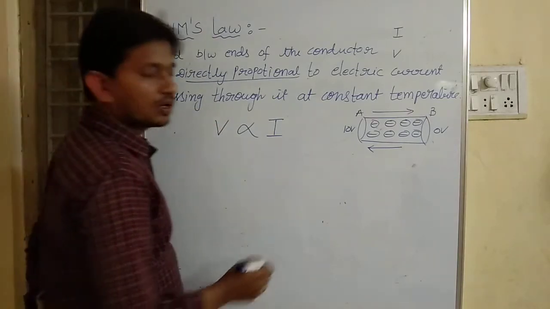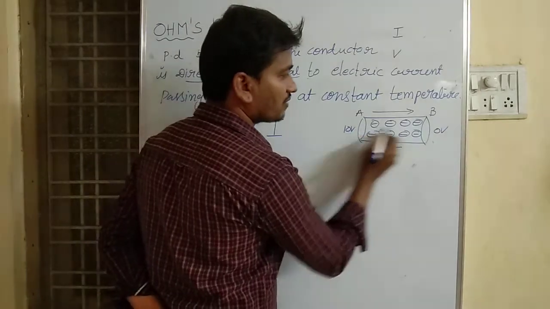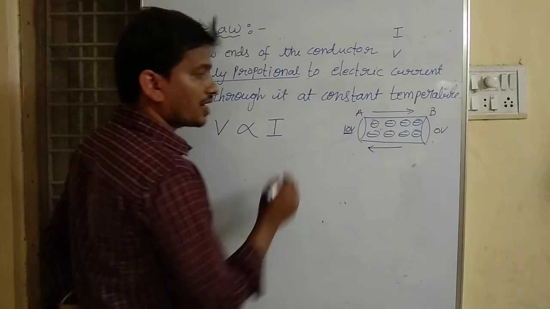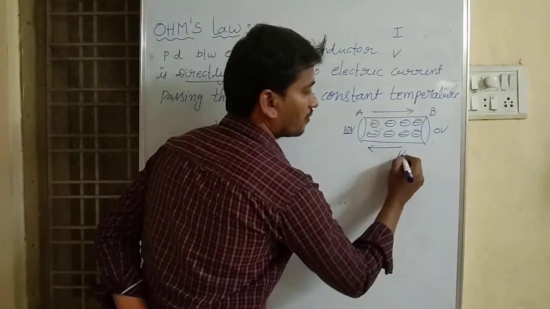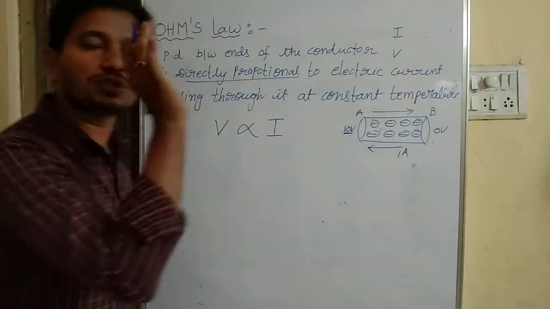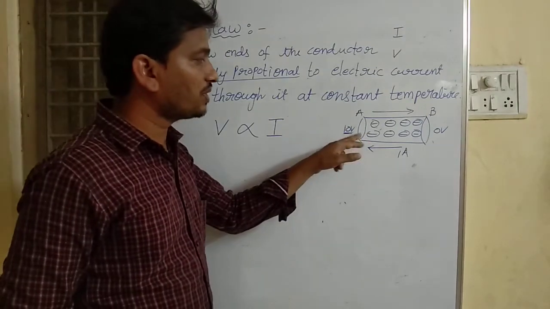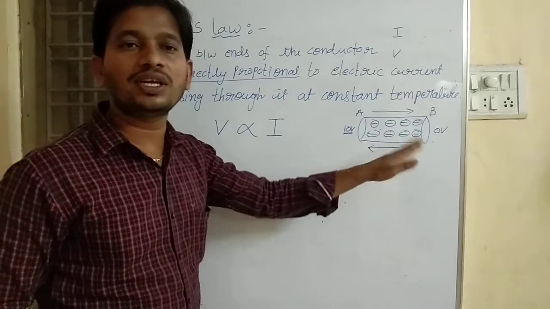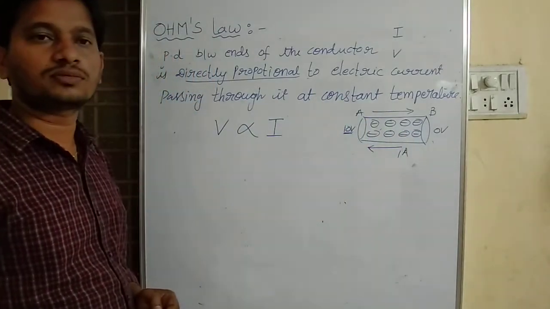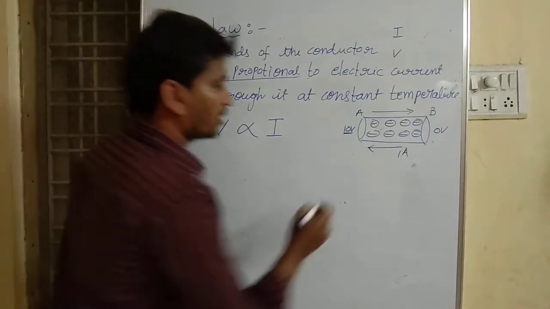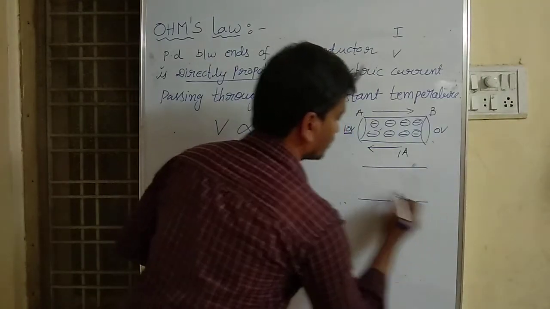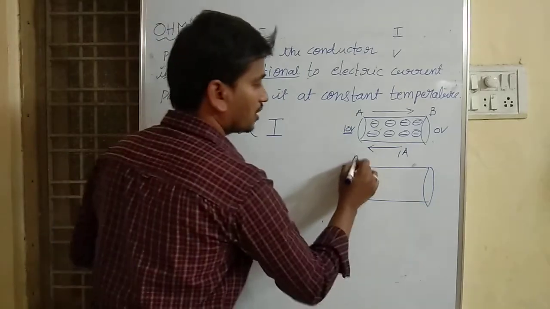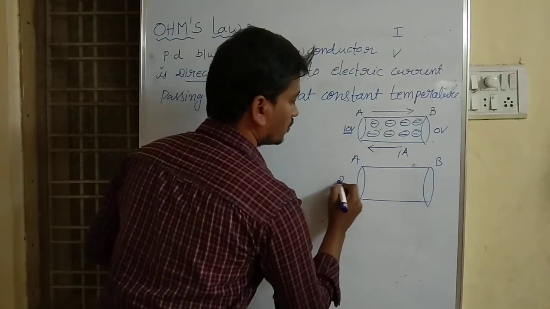See, for example, here potential difference between ends of the conductor is 10 volts. Suppose current passing through it is 1 ampere. Let me increase the potential difference between ends of the conductor to 20 volts.